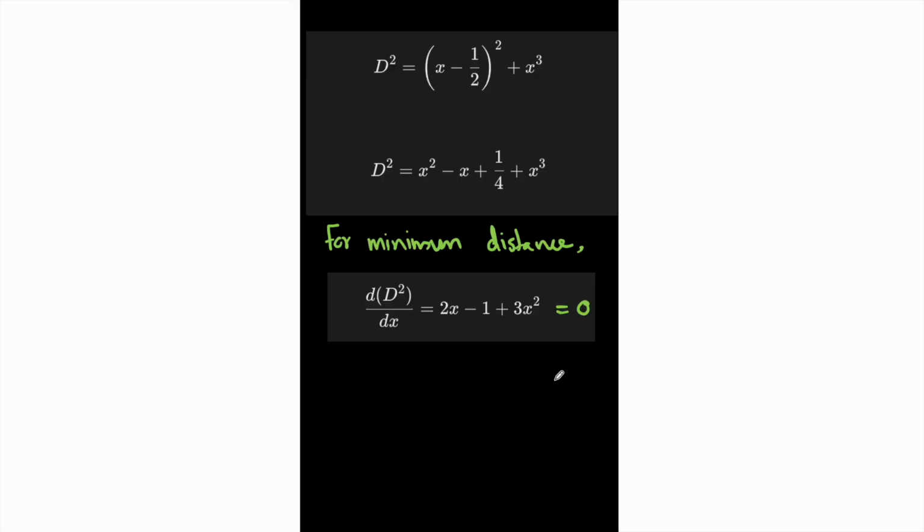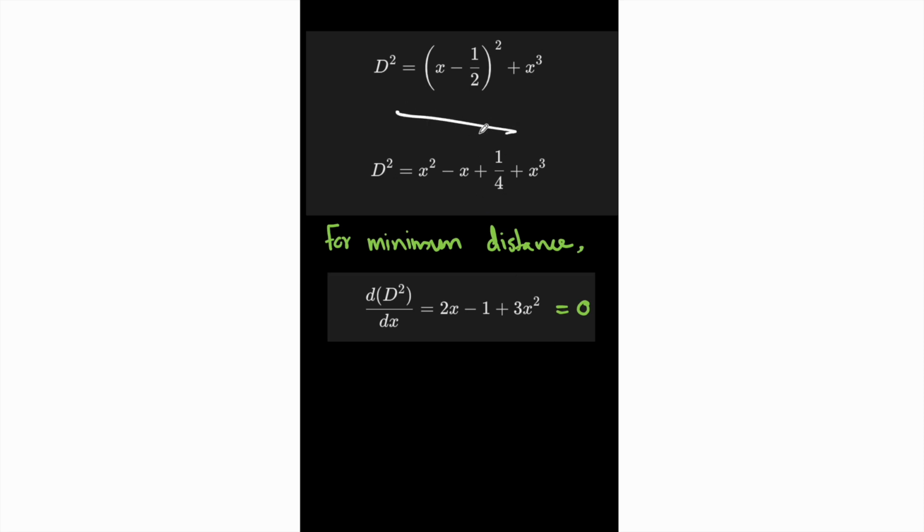So the distance becomes the square root of x minus half the whole square plus x raised to 3 by 2 the whole square. What will be x raised to 3 by 2 the whole square? It will be simply x cubed. So the distance expression becomes D is equal to the square root of x minus half the whole square plus x cubed.